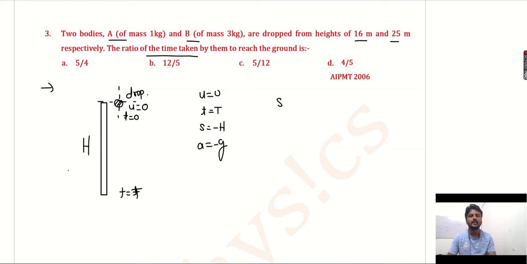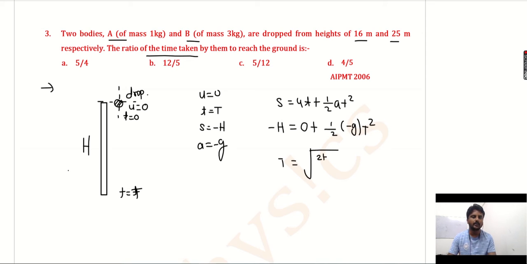So we can use here s is equal to ut plus half at square. Here s is equal to minus h, u is equal to 0, a is equal to minus g, and t is equal to capital T. So t can be written as under root of 2h by g, right? Now observe one thing: t is directly proportional to under root h because g is a constant and 2 is a constant.